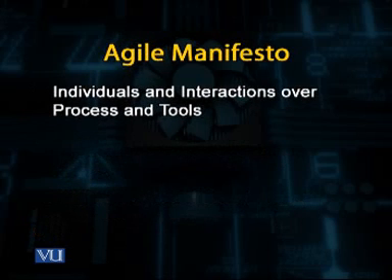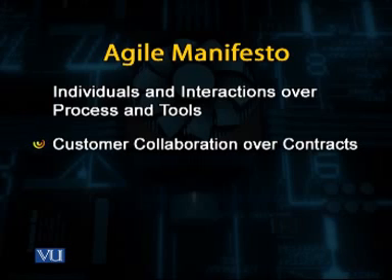The manifesto of each of these agile methods is that individuals and interactions are preferred over processes and tools. So, as I said before, these methods are more people-oriented rather than process-oriented. Number two, customer collaboration is given preference over contracts.